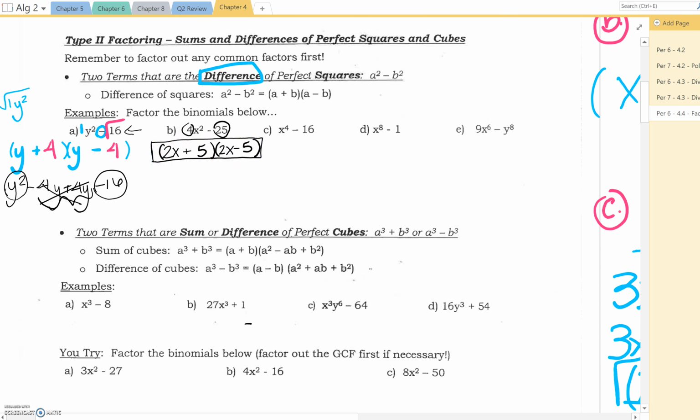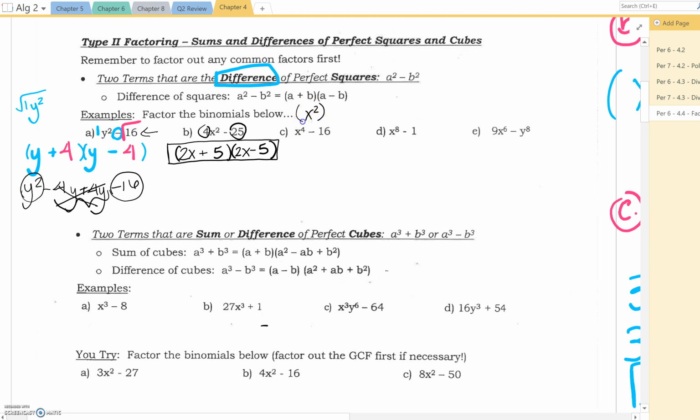Letter C, even though it says x to the 4th, is a perfect square because it's x squared, right? What squared gives you 4? 2. So here's one term, x squared, and then minus 4, and then plus 4.